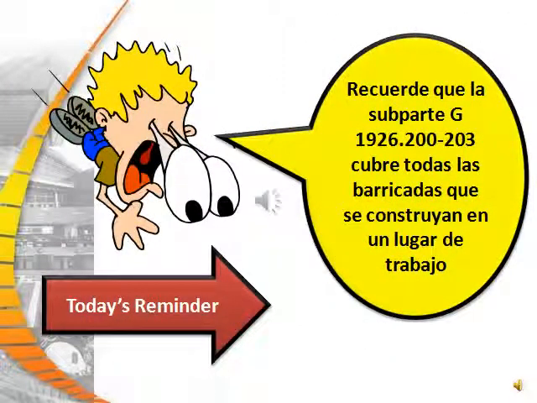Remember that Subpart G, 1926.200-203 covers all barricades that are constructed at a job site.